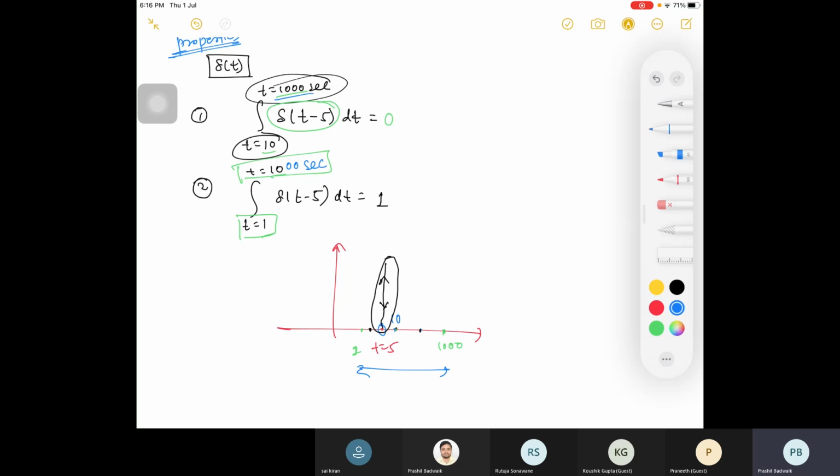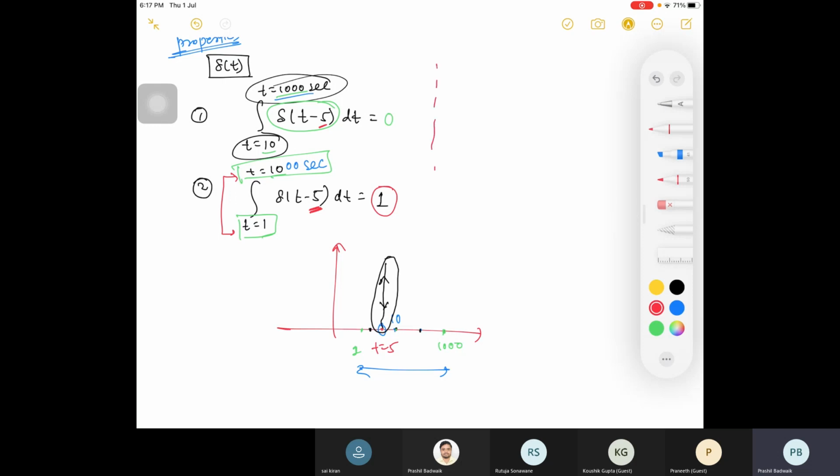So what is your observation here? Whenever I'm writing any value here, this 5 I have written here, suppose I am writing any value and this value lies between your interval, then you will be having value 1, and if it does not lie, then you will be having value 0 at that point, because you will not find any curve, you will not find any area.